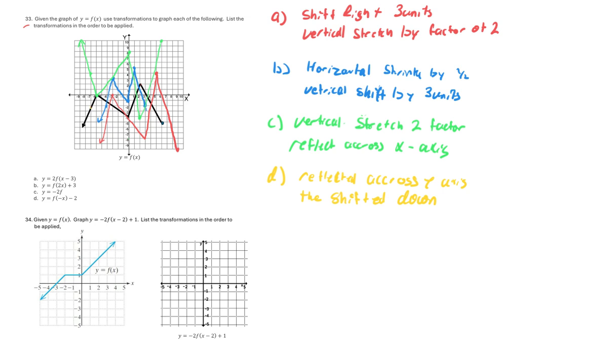So that negative 7, negative 2 will go to 7, negative 2, and then shift down to negative 4.